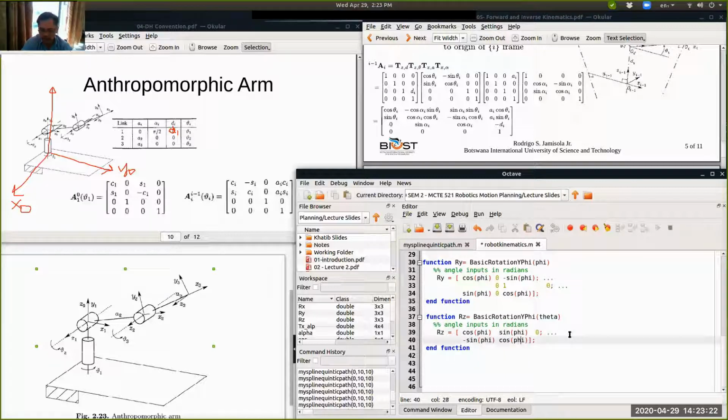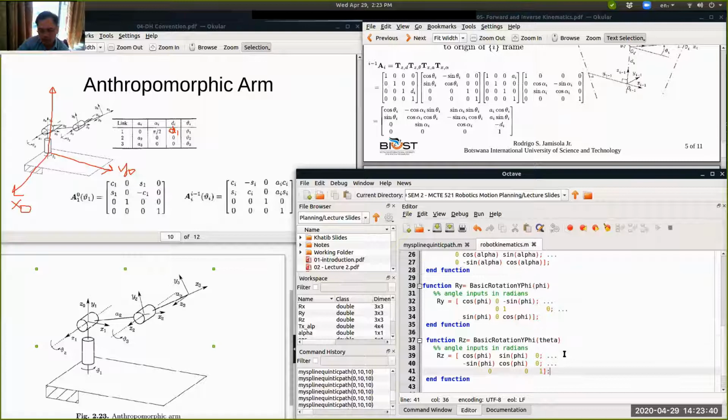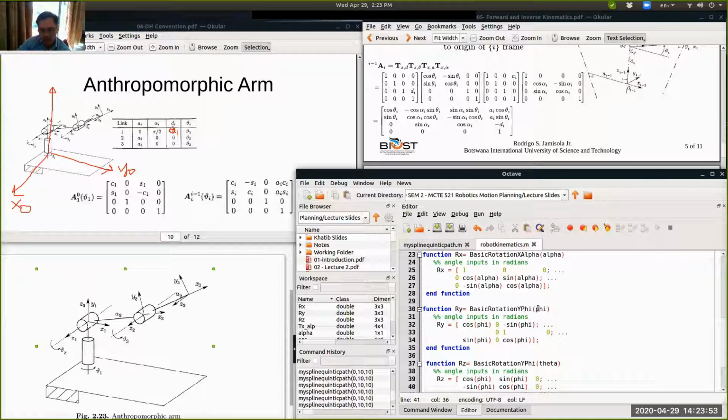Positive is the sign that changes values only, and so this is 0, and then 1, 2, 3, go to the next line. So this is 0, 0 and 1. Okay, so now you have rotation of z about theta: cosine, sine, 0, minus sine, cosine, 0, 0, 0, 1, and rotation Y by phi. Y is here, yeah, just alignment.